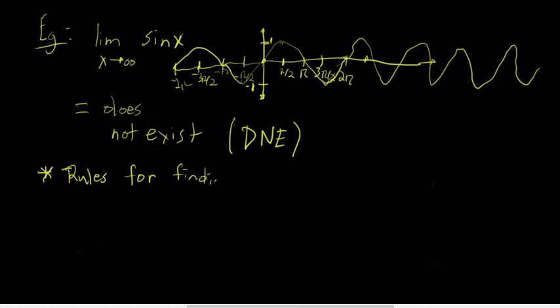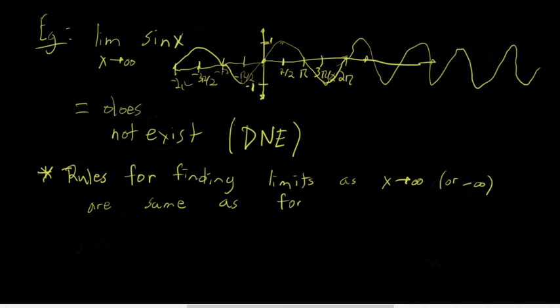So I'll just say rules for finding limits as x tends to infinity or negative infinity are the same as for x tends to a, where a is a number.